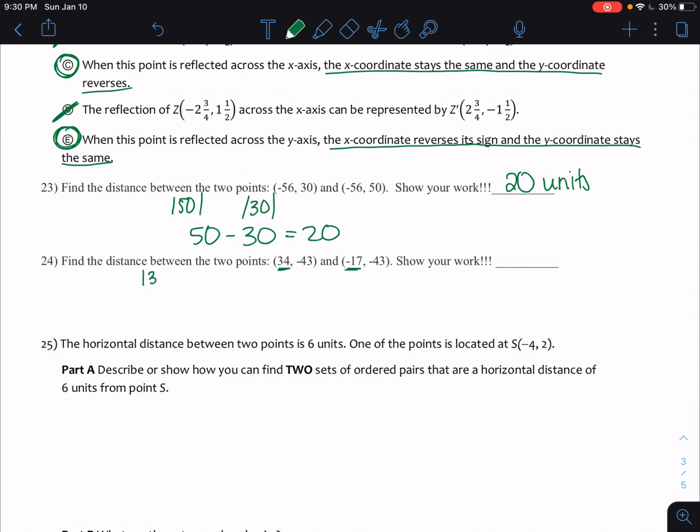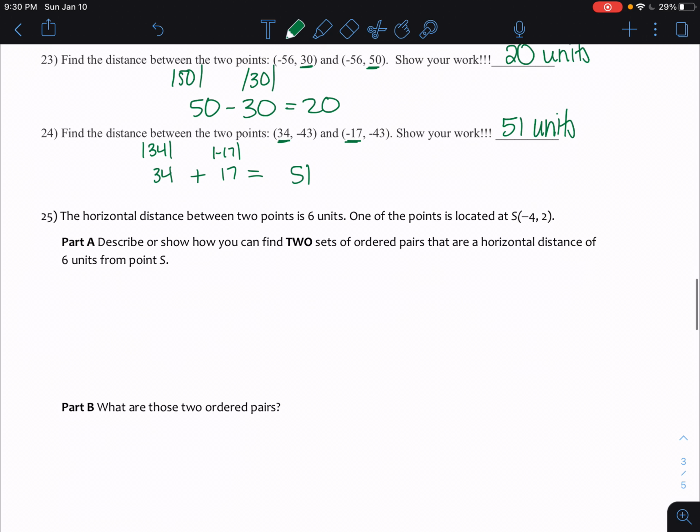So when I take my absolute values, and I get 34 and 17, I'm actually going to add those values together because they don't have the same sign. Here they have the same sign, so I can subtract. When they have opposite signs, I'm going to add. So 7 plus 4 is 11, 51. So 51 units.